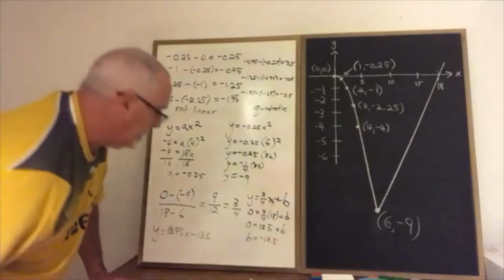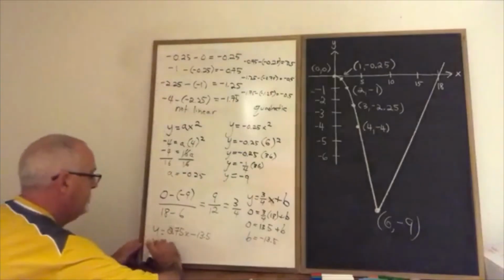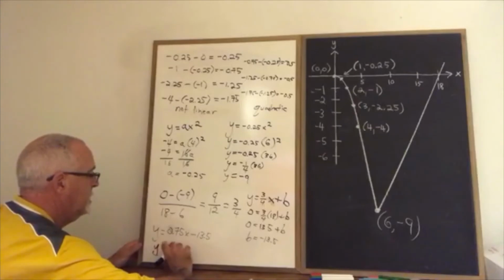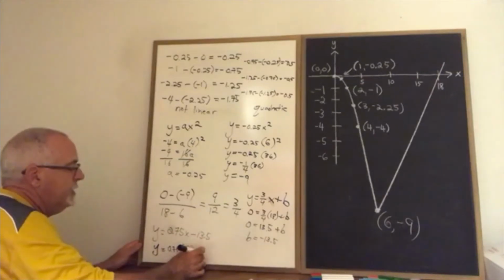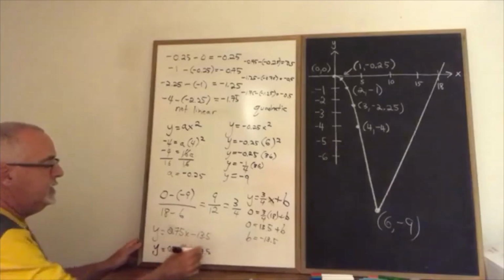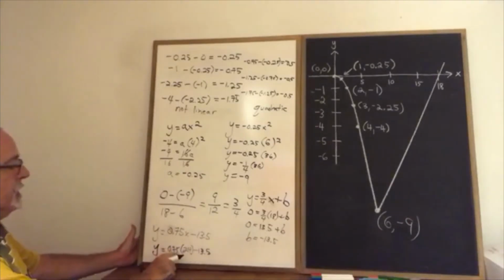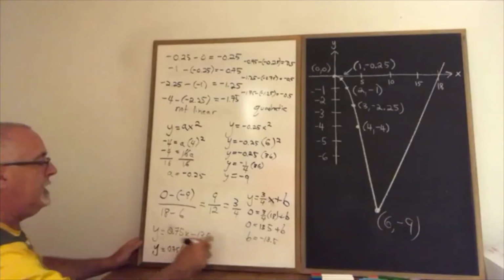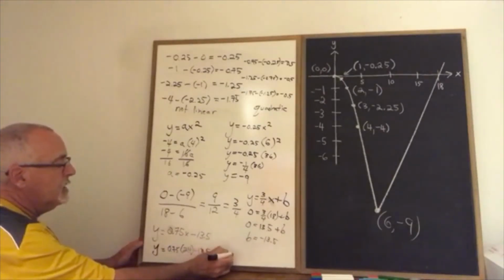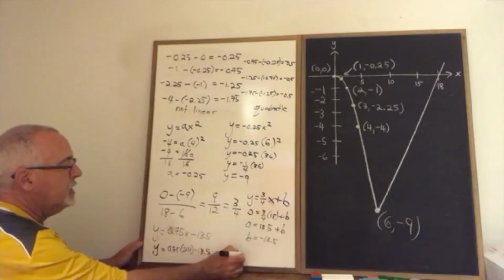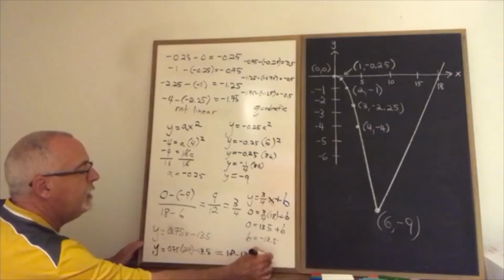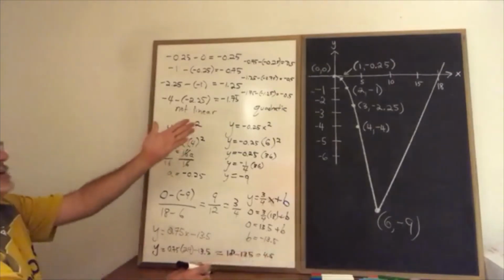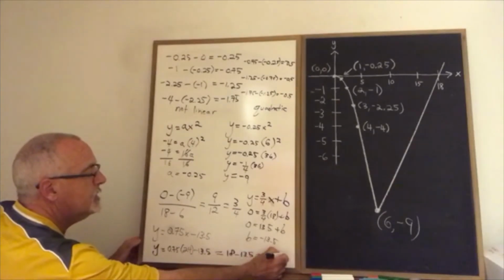So I'm going to plug x equals 24 into this equation. 0.75 times 24 is going to be 18. So it's 18 minus 13.5, which is 4.5. And the unit of measure is going to be degrees Celsius.